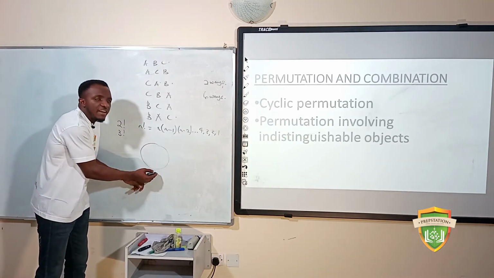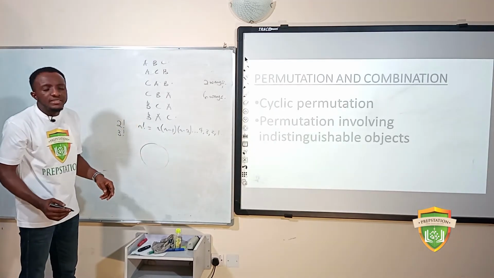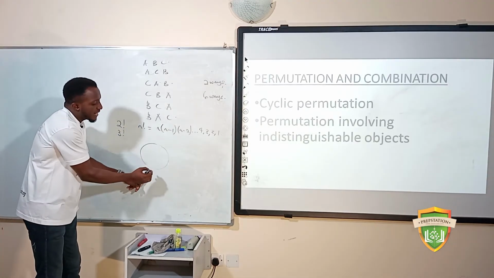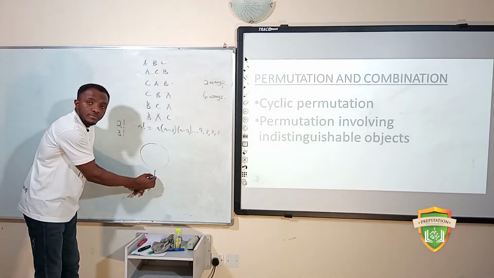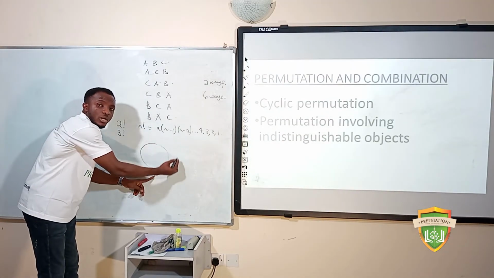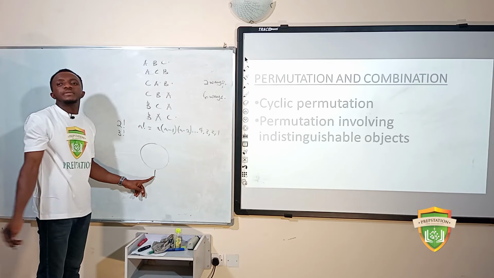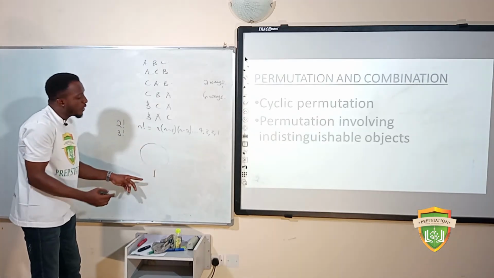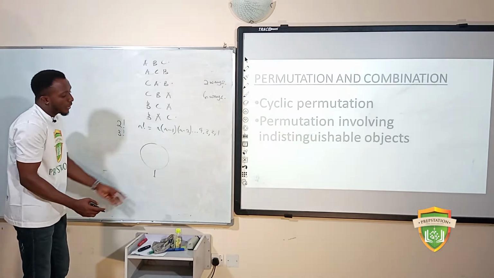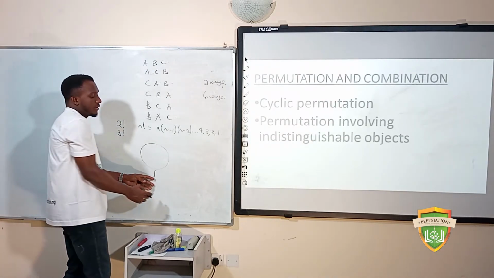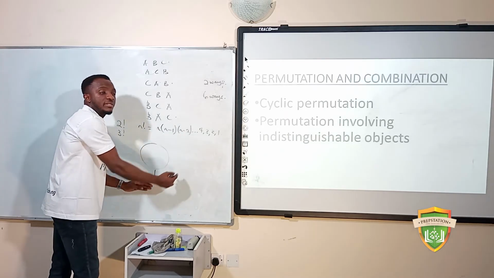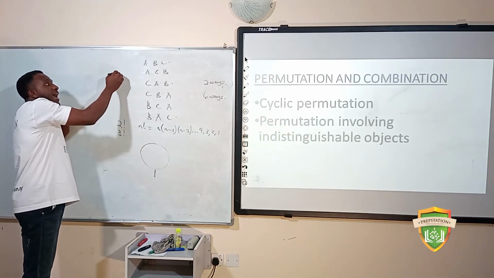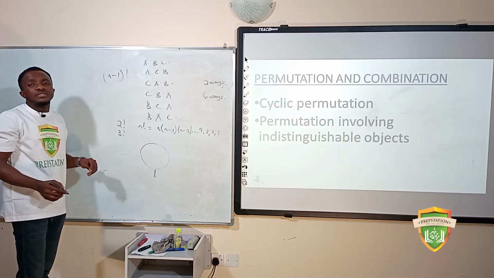There is no easy way to do that except that we can put 1 person and arrange the other 4 people around that person. So to arrange a number of people around a circular table is simply, take note, this is a constant, n minus 1 factorial ways.